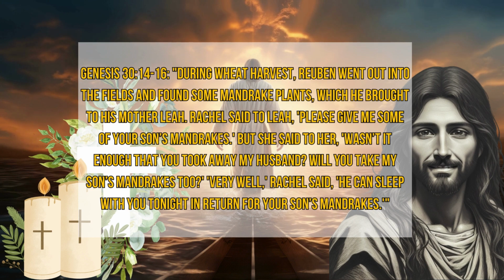Genesis 30:14-16. During wheat harvest, Reuben went out into the fields and found some mandrake plants, which he brought to his mother Leah. Rachel said to Leah, "Please give me some of your son's mandrakes." But she said to her, "Wasn't it enough that you took away my husband? Will you take my son?"